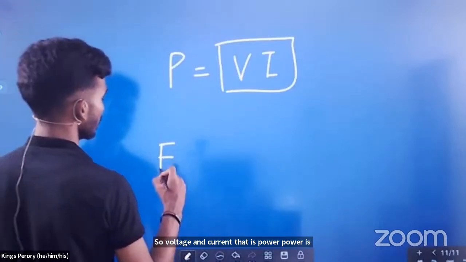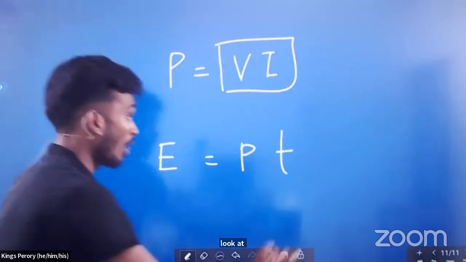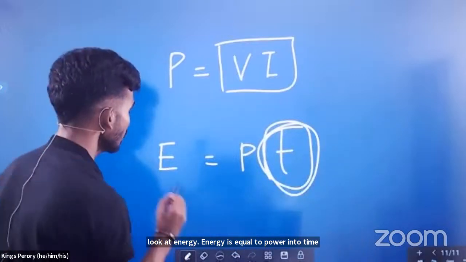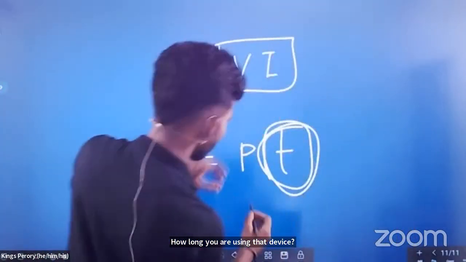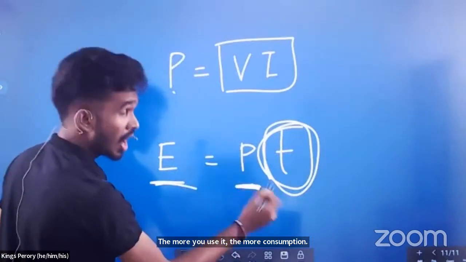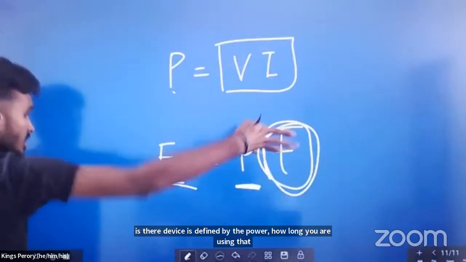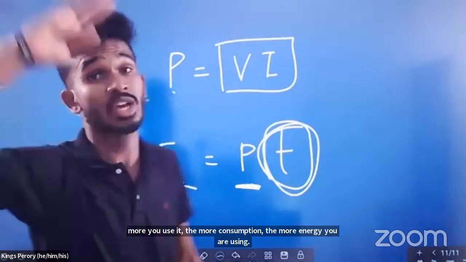Look at energy: energy is equal to power into time. How long you are using that device? The device is defined by its power. The more you use it, the more consumption, the more energy you use, and the higher your bill will be.